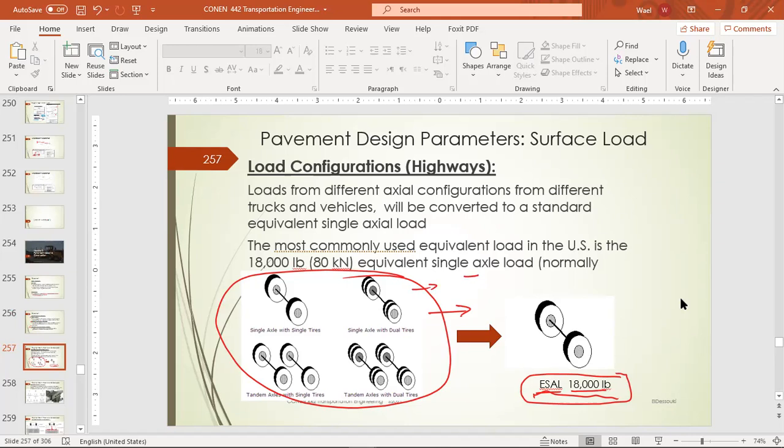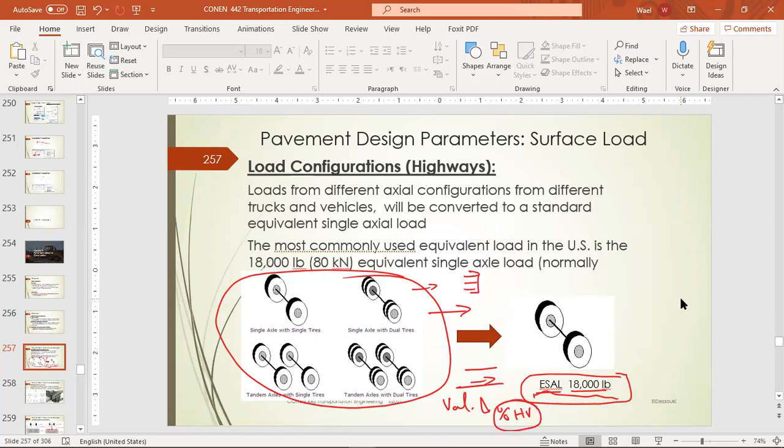And for these licensed trucks, we assume the worst case condition, that they are fully loaded. Based on the traffic volume on the road, we have a volume and we have a percentage of heavy vehicles or trucks.